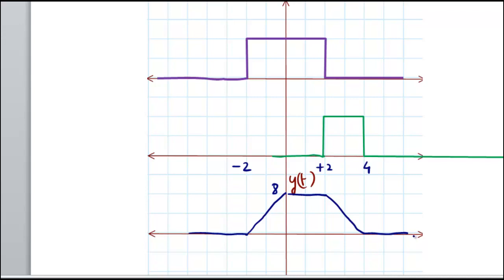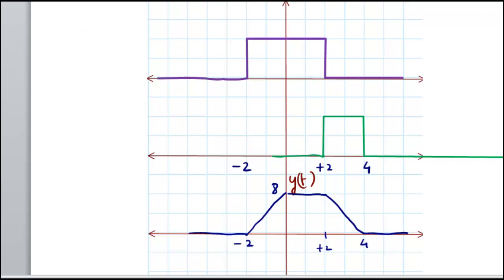Again it's going to be 0. So this is what is going to happen at the output. So the value will be 8 here, it will be -2 here, and here it will go all the way up to +4, and this will be to +2. So this is what the output is going to look like.